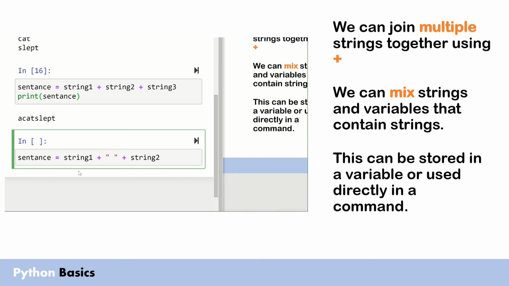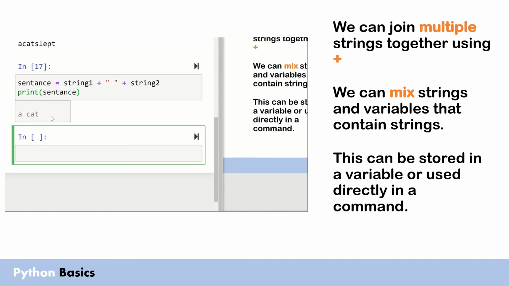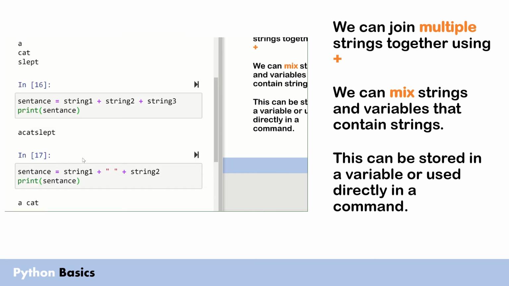Now, what I've done this time, you'll notice that my space has got quotes around it. So I'm creating a brand new string, which all it has inside it is a single space. If I then print that out, so print sentence again, and run that, you'll see that it now has a space.